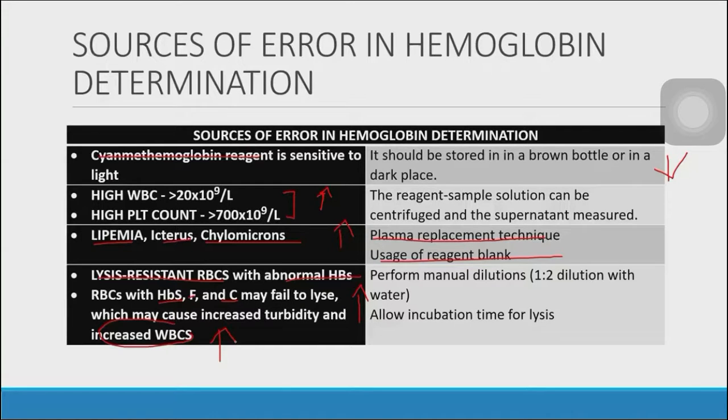So kapag naka-encounter kayo ng mga tanong na in sudden, biglang tumaas or mataas yung hemoglobin and WBCs as compared with the results yesterday or another method, you can suspect na baka may problem or may presence ng lyse-resistant RBCs. Okay, so how can you resolve this problem? Perform manual dilution or allow incubation time for lysis since these lysis-resistant RBCs can also be lysed, but again, dapat mas mahaba yung incubation time.